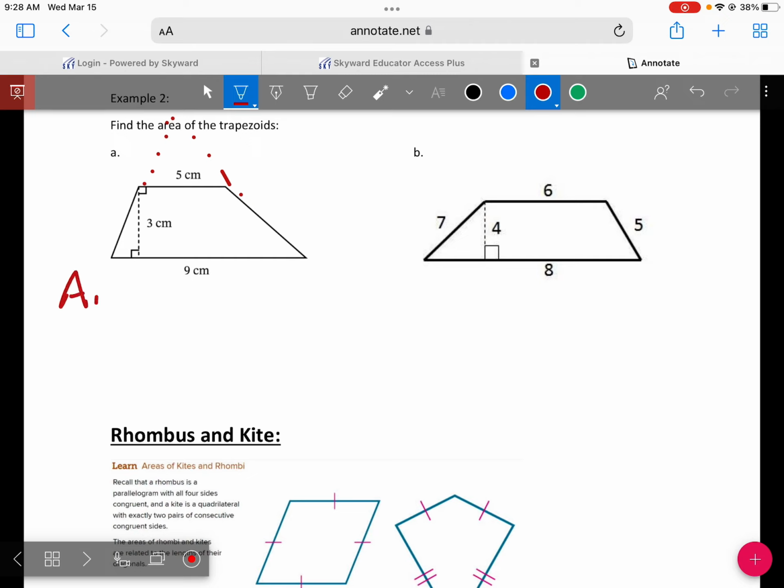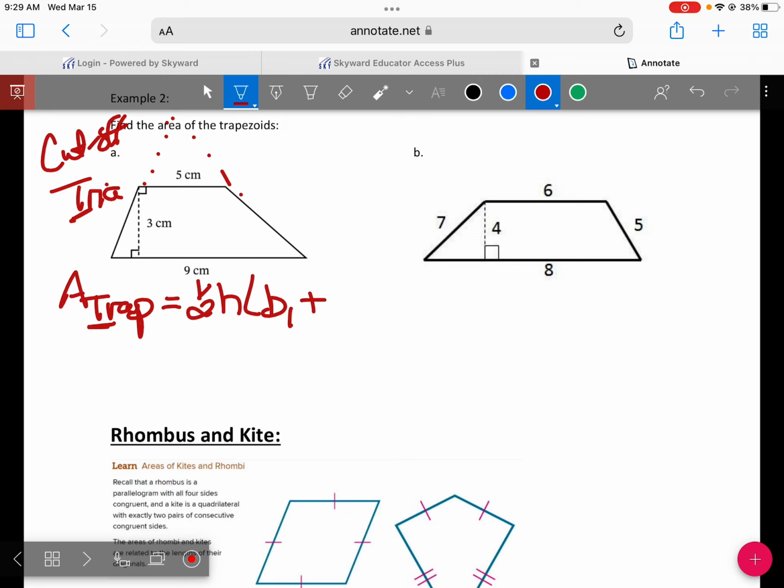So area of a trapezoid is 1/2 times the height times the sum of the bases. Always start with the formula. Equals 1/2.